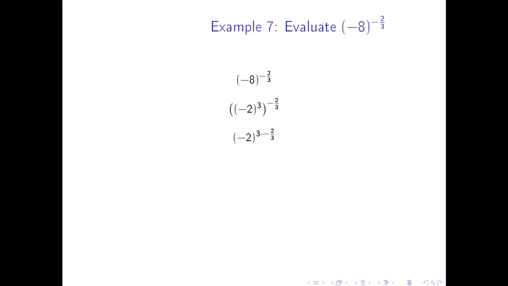Now, if we multiply our exponents, notice I get -2 to the -2. The duplication just happens to be the way it is. But I can't really do any calculations until I change it to a positive exponent. So I need to move that to the denominator. So it's 1 over -2 squared, which is 1/4.